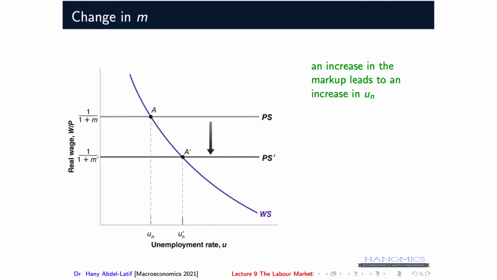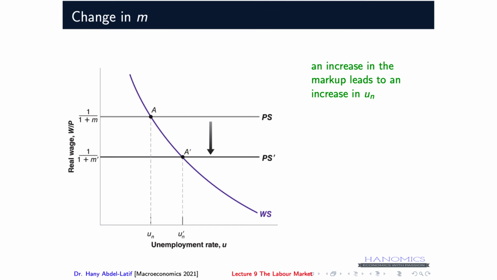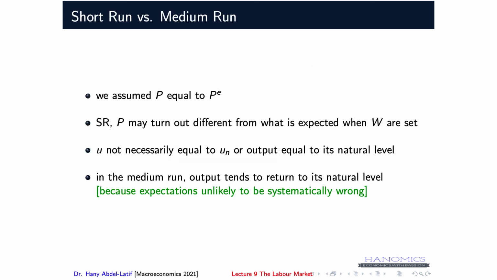So you could put these two relations together, and that will give you a relationship between the real wage on the vertical axis and the unemployment rate on the horizontal axis. Let me just summarize this, because this is very important.